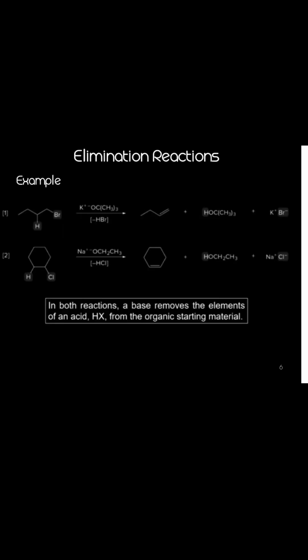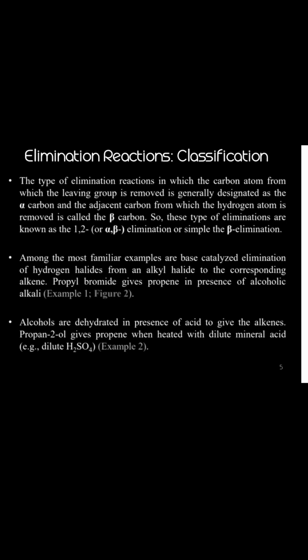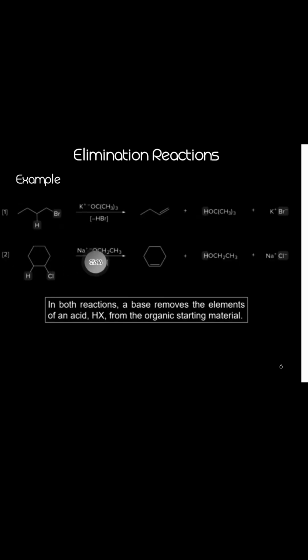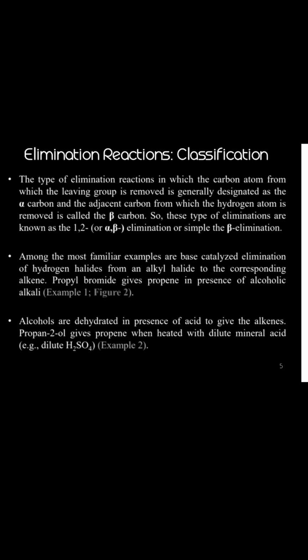In this step, the first example is saying that the most familiar example of base catalyzed elimination of hydrogen halide from the alkyl halide to the corresponding alkene is propyl bromide giving propene in the presence of alcoholic alkali. Hence here the catalyst is the alcoholic alkali. You can see in the first step that in the presence of alcoholic alkali, the alkyl halide is converted into the alkene.